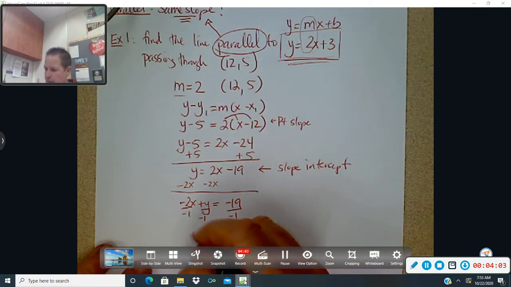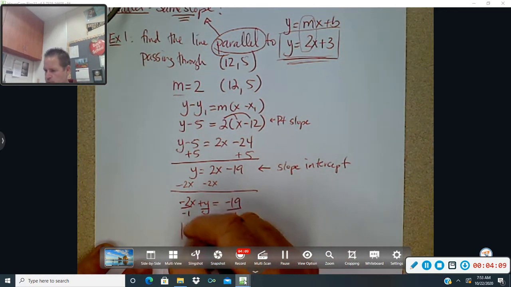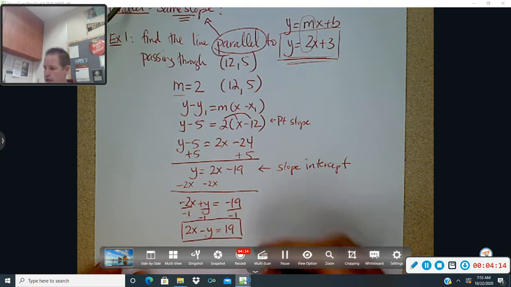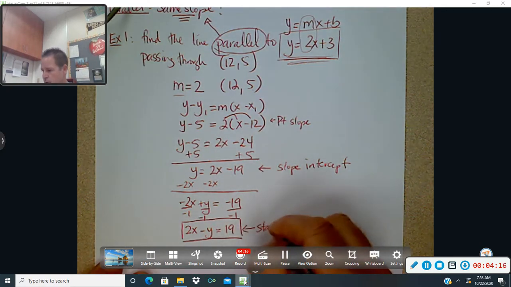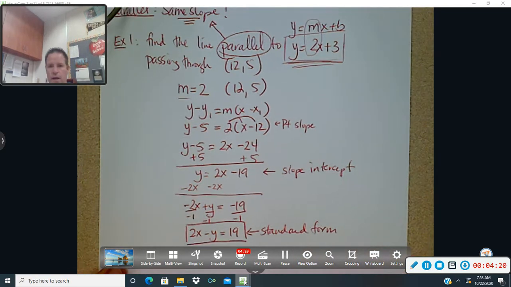If I divide everything by negative 1, I end up with 2x minus y equals positive 19. And there is the answer for the equation of the line in standard form. Because I didn't specify which form I wanted, I did it in all three forms, and it's good review for you anyway.